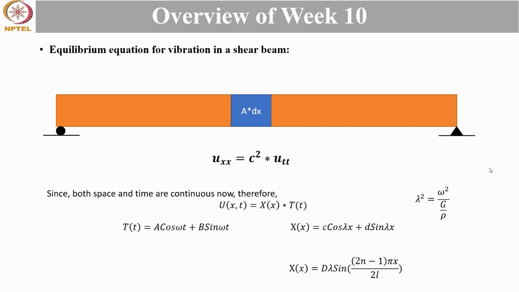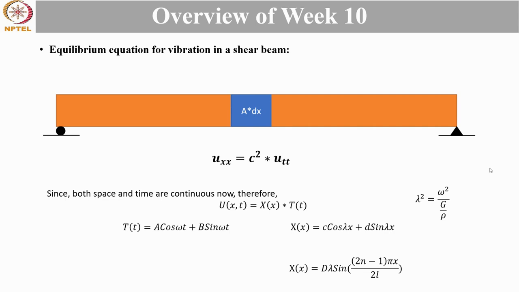Now, in single degree of freedom and multi degree of freedom systems, there were lumped masses. That is, masses were concentrated at a fixed location, and thus variation in responses was only with respect to time and not with respect to space. But now, in a continuous system, both time and space become variables. Thus, response is a function of both time and space.